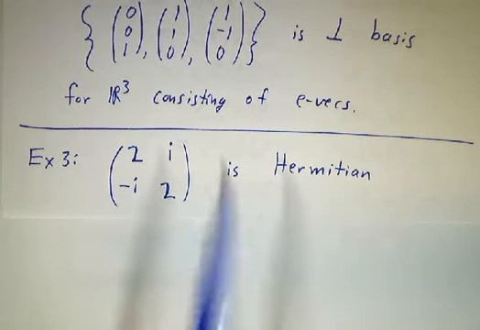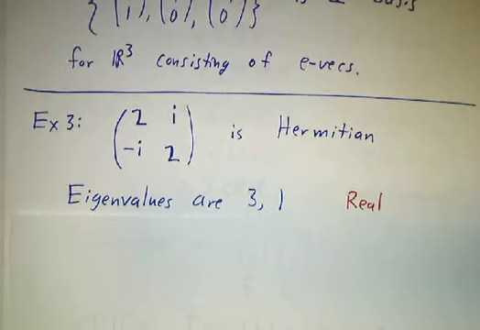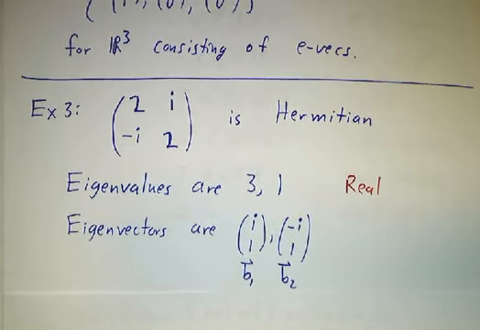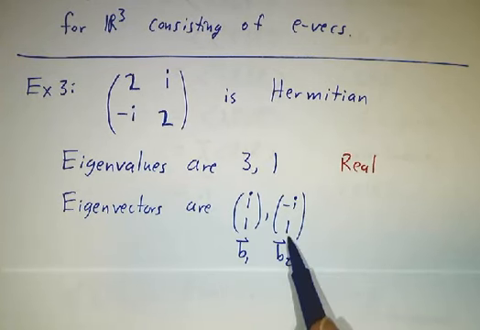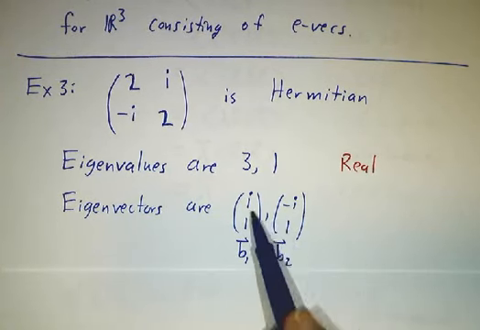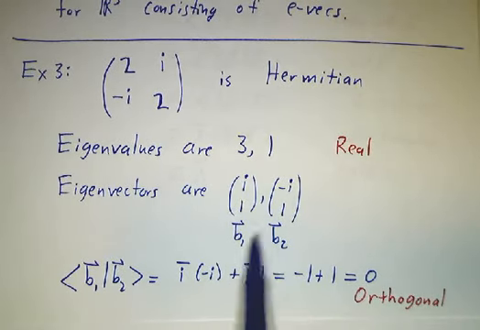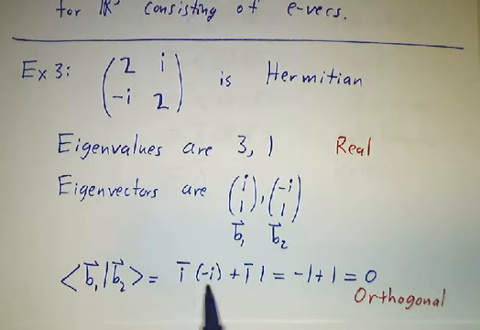This is a Hermitian matrix. In fact, its eigenvalues are 3 and 1, and its eigenvectors are (i,1) and (-i,1). And those are, in fact, orthogonal. The inner product of (i,1) with (-i,1) is i-bar times negative i plus 1-bar times 1, which is negative 1 plus 1, which is 0.